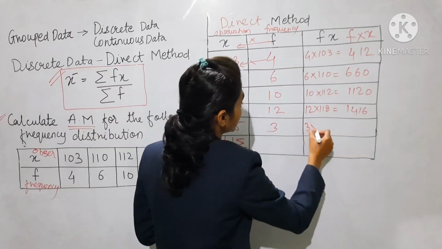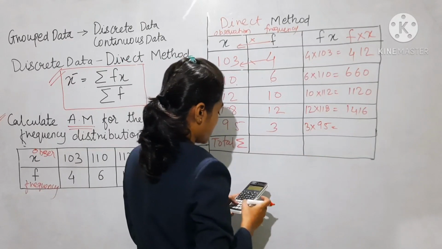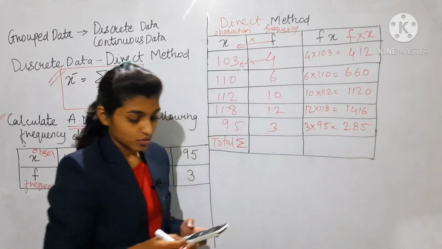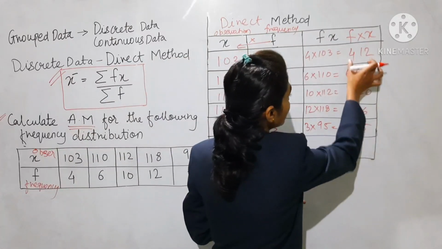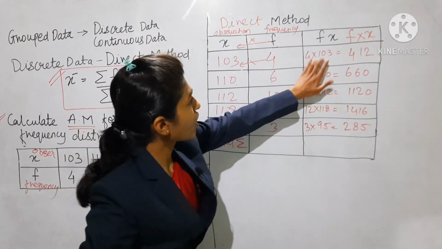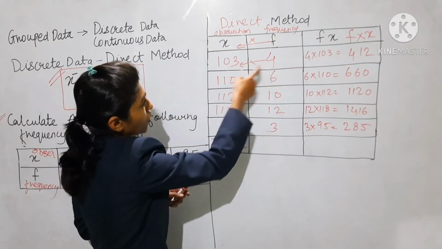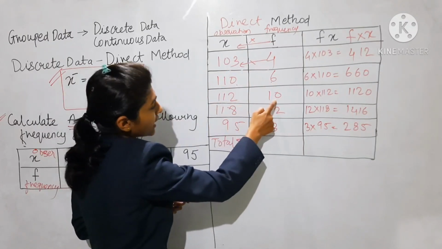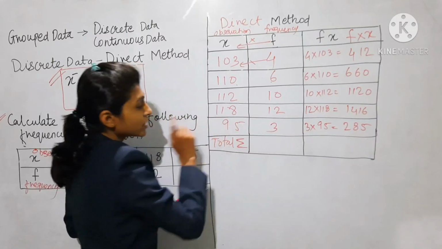Last column, 3 into 95, 285. I hope you have understood how I got this column fx by multiplying f into x. That means 4 into 103, 6 into 110, 10 into 112, 12 into 118, 3 into 95.